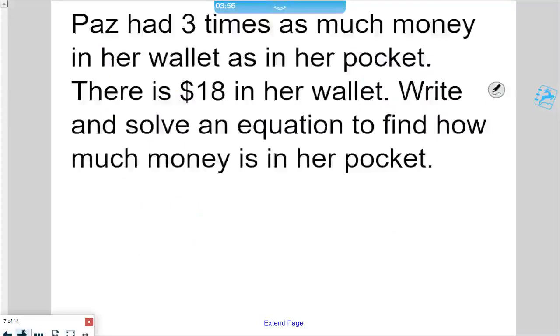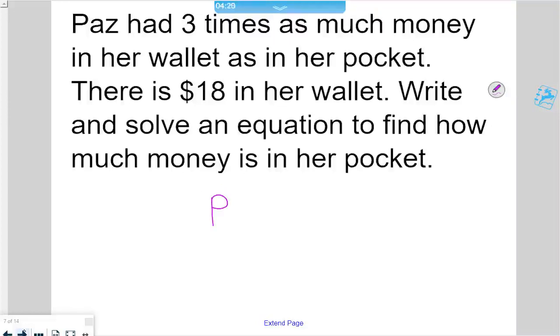All right. Paz has 3 times as much money in her wallet as she does in her pocket. There is $18 in her wallet. Solve the equation for how much money is in her pocket. So we know that our variable is going to be P. We're looking for a pocket. I'm going to make that look more like a lowercase p.